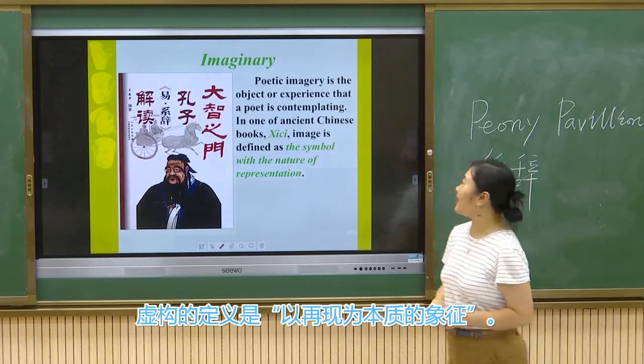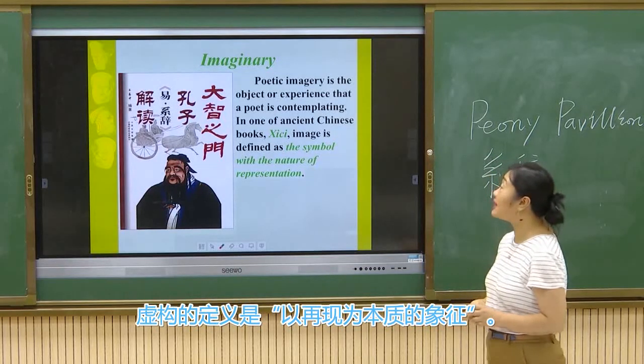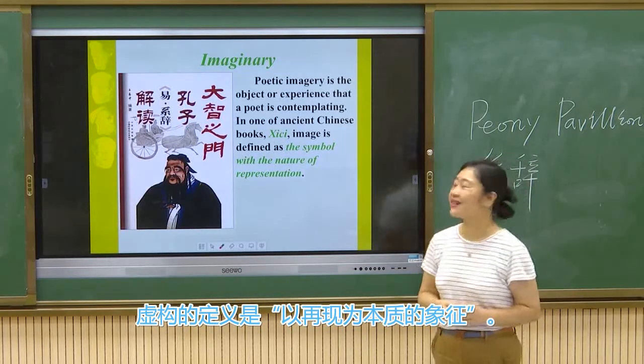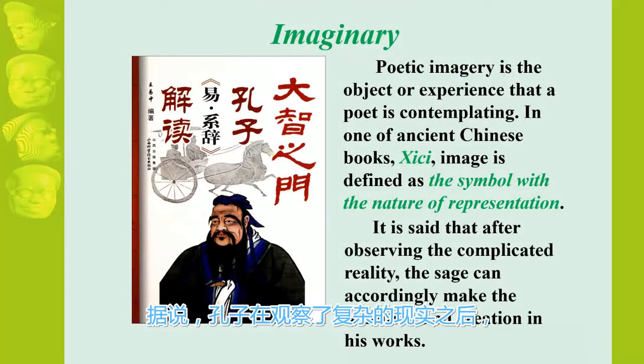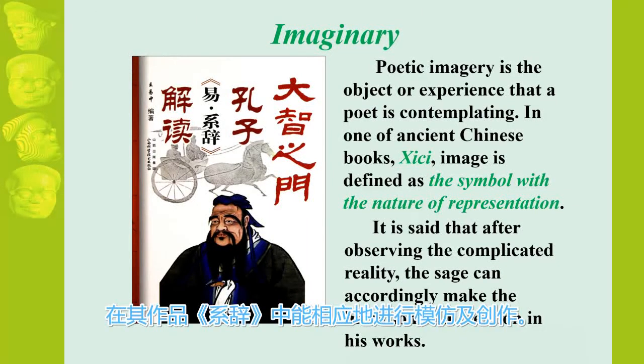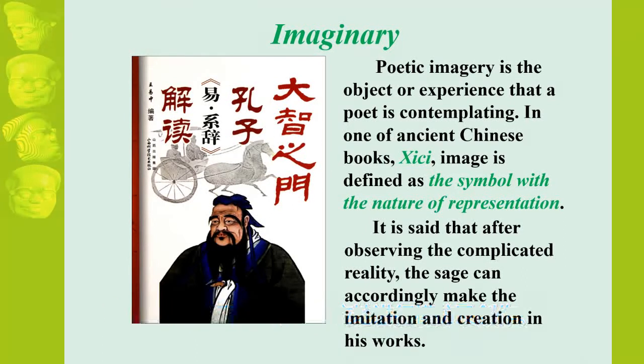Image is defined as the symbol with the nature of representation. It is said that after observing the complicated reality, the sage can accordingly make the imitation and creation in his works.